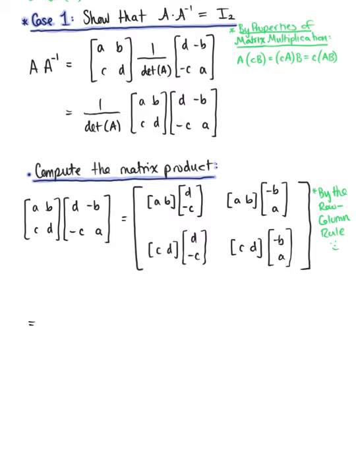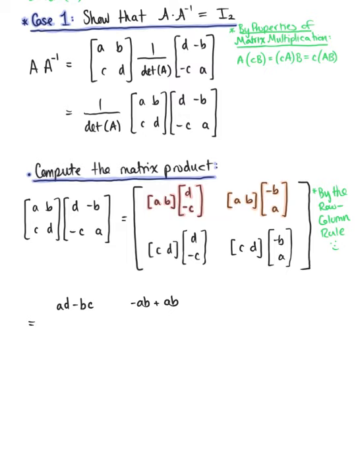So multiplying the first row of the first matrix by the first column, we have A times D plus minus B times C. And the first row, second column will be A times minus B, so we have minus AB plus B times A. Beautiful.